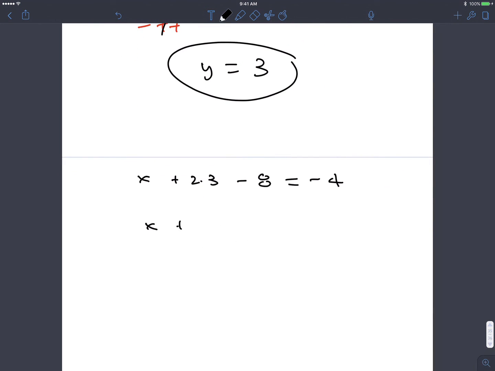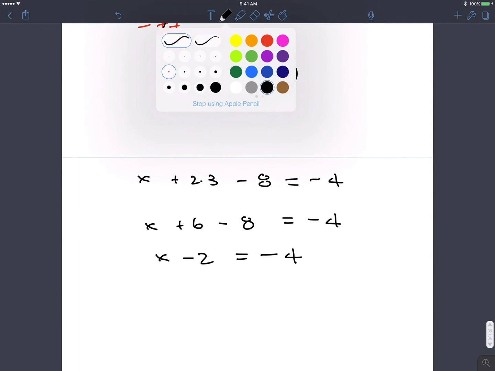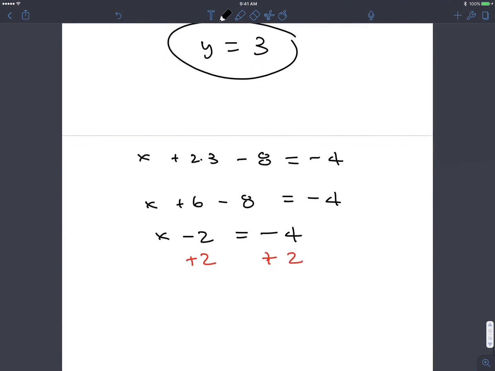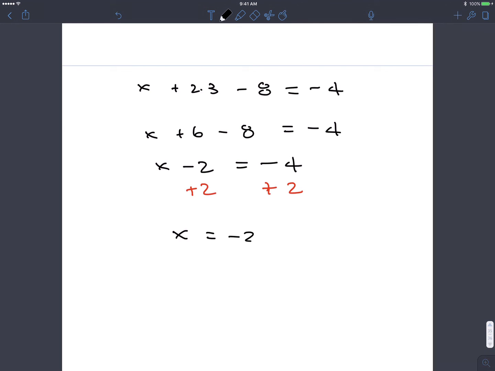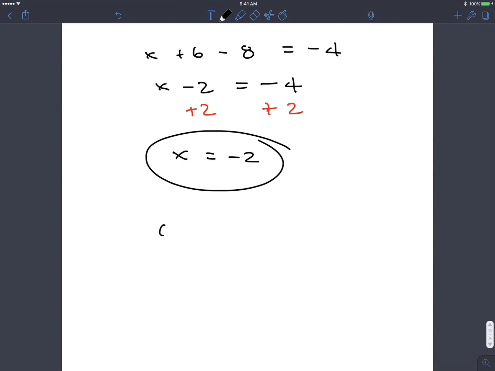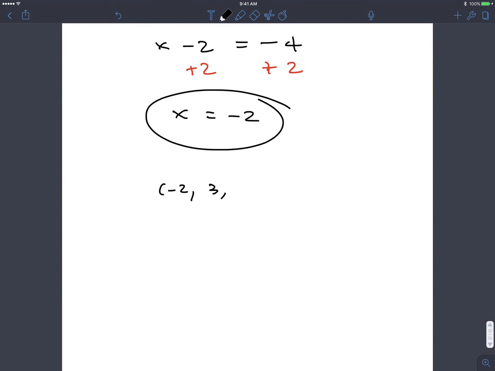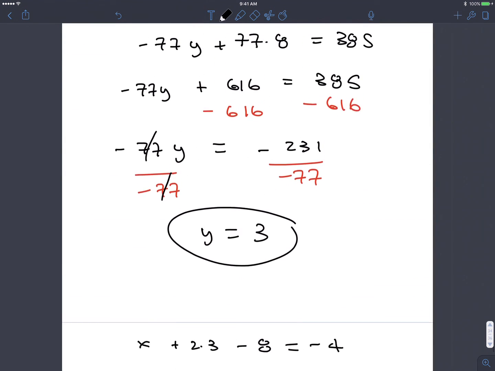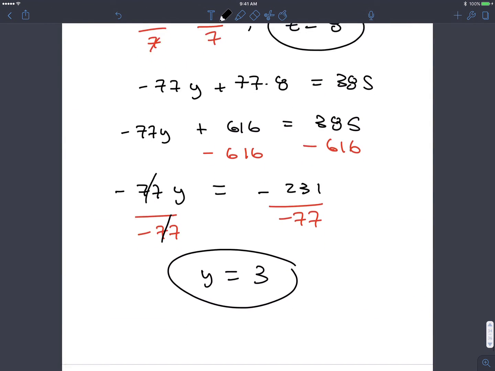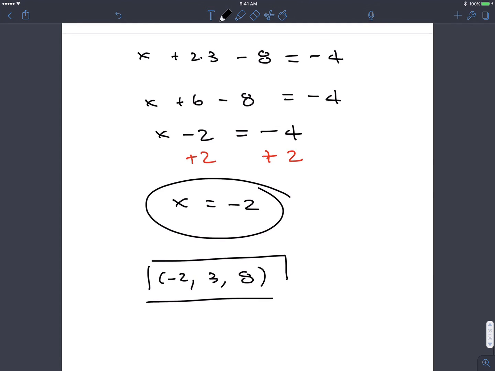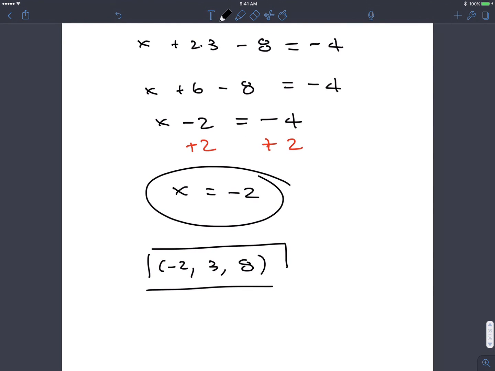X plus 6 minus 8 is negative 4. X minus 2 is negative 4. I'm going to add 2 to both sides. We get x to be negative 2. So I get negative 2 for x, positive 3 for y, and it looks like z is positive 8. So it looks like our z is okay. Here's a solution, another ordered triple. These three lines intersect at a point, and that's number 29.